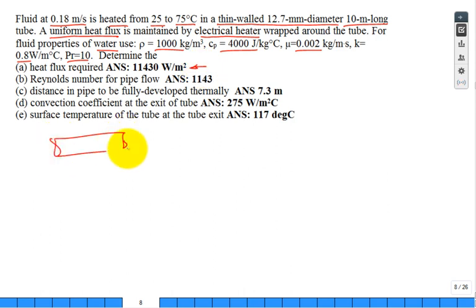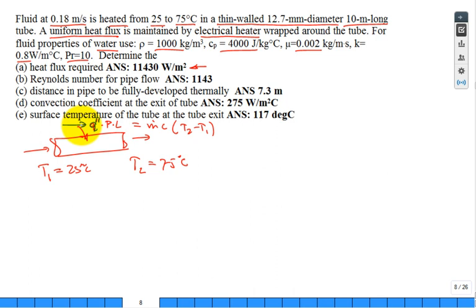When you have the whole pipe and you know the T inlet, 25 degrees C, and the T exit, 75 degrees C, basically the energy balance says that this heat flux times the perimeter times the length tells me the total rate of heat added, and that has to match the mass flow rate, specific heat, and the change in temperature. It came out hotter than it came in. And there's only one unknown in this equation, and that's q double prime.